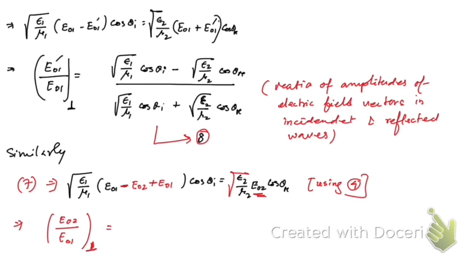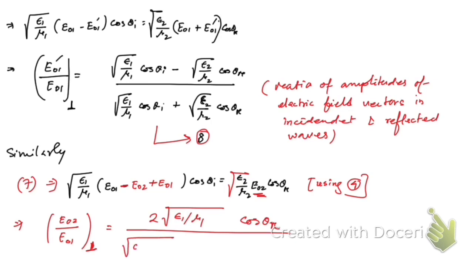That gives you 2 root over epsilon 1 by mu 1 cos theta. Cos theta is not under the root, it is outside the root, divided by root over epsilon 1 by mu 1 into cos theta i plus root over epsilon 2 by mu 2 into cos theta r.